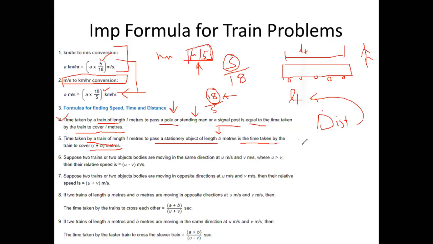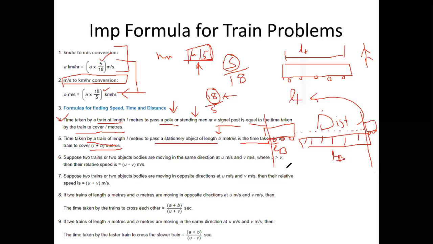For example, if we are talking about the case of a bridge and the train has to come onto the bridge, then we have to consider the length of the bridge and the length of the train, because we have to find when the train will cross the bridge, right? So when the train crosses the bridge, this is the total length in that case. Please remember this, right? So length of the bridge plus length of the train.